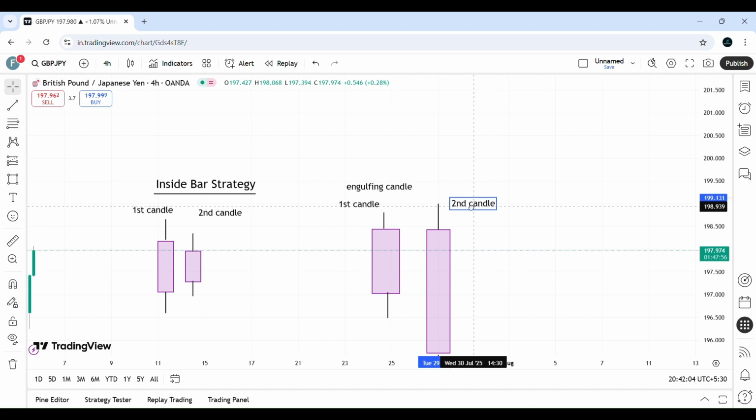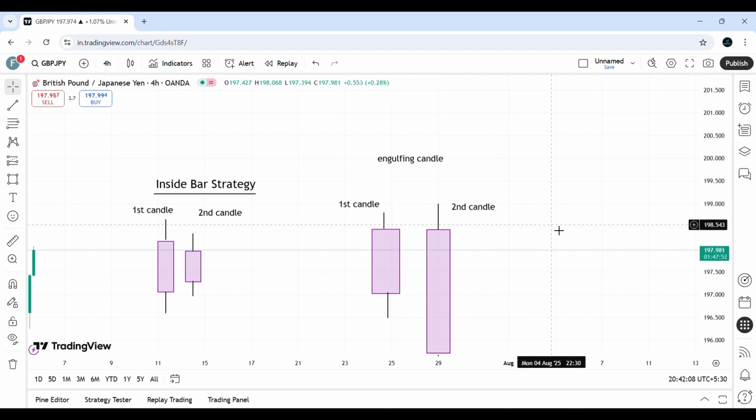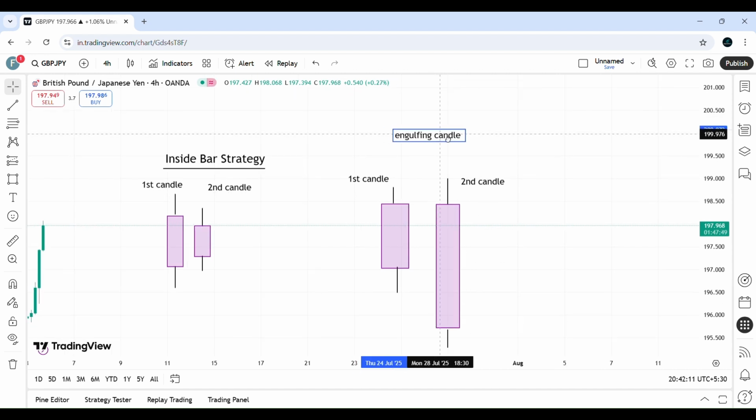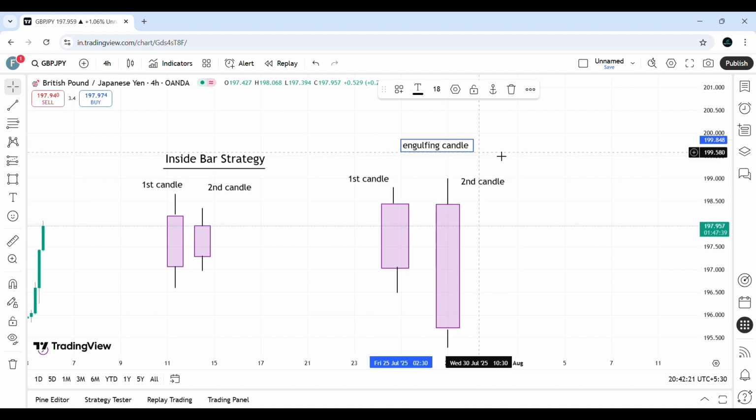In an inside bar, you only consider two candles, but when it comes to an engulfing, you could consider more than two candles. We'll not be going deep into this engulfing candle because today's topic is the inside bar. I'm just showing you the difference between both.